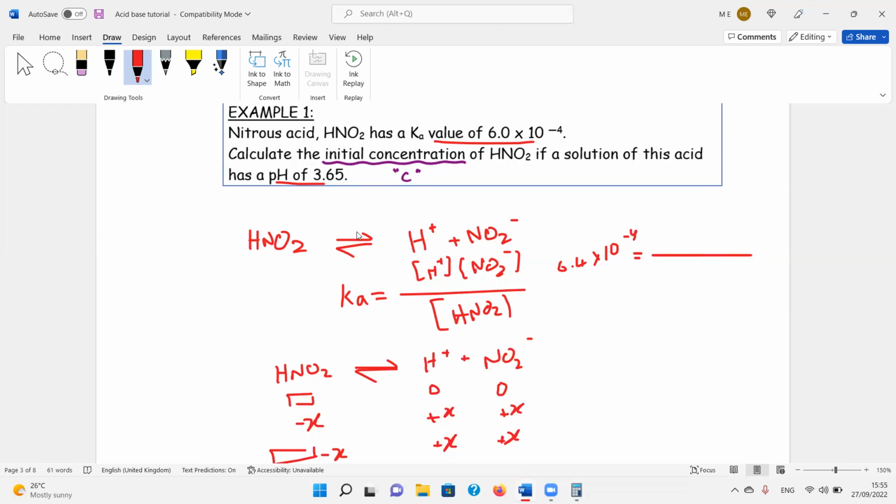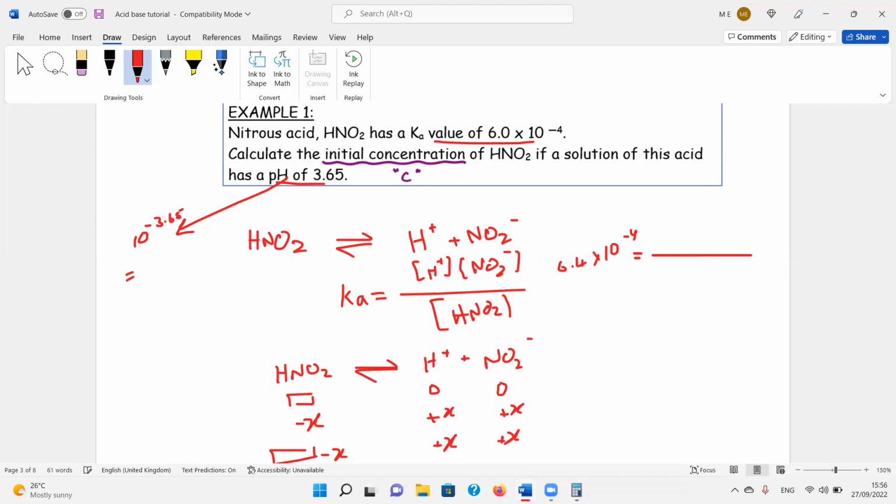So the pH can be converted into X, and that will be the minus value raised to the power 10, 3.65.